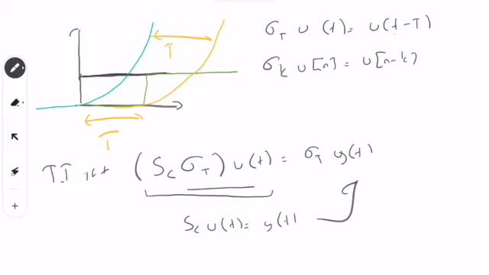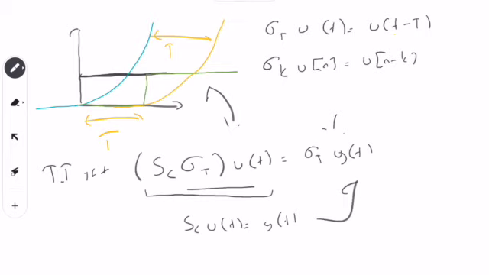Technically, this is exactly my intuitive experiment here. If you supply your input to the system, observe the output and shift it, this is what you do here. And if you do the shifting first and look at the output, and if the two outputs are the same, your system is time invariant.